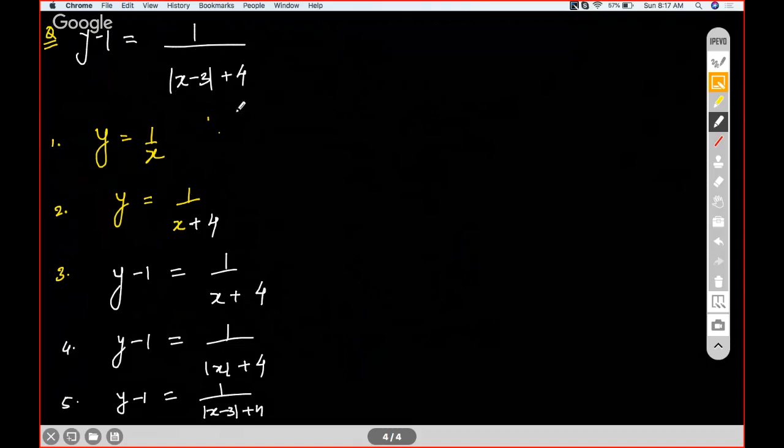So the sequence of steps is, first we go to the graph of the rectangular hyperbola that we studied last class, y equal to 1 by x. Then we shift the graph 4 units to the left. This is the shifting of the graph 1 unit down.